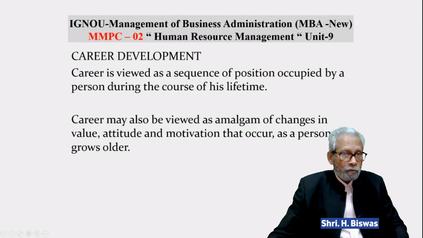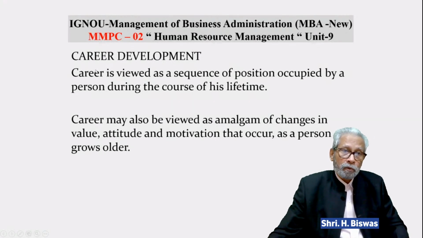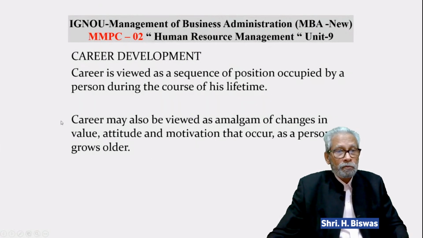So if you have both the things, then the career. That's why the organization has to keep in mind both the things. It's a lifetime achievement where you have to focus on this. At the same time, you have to focus on his value, attitude, motivation. Parallelly, both the things should be considered.